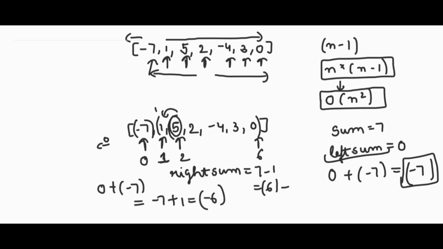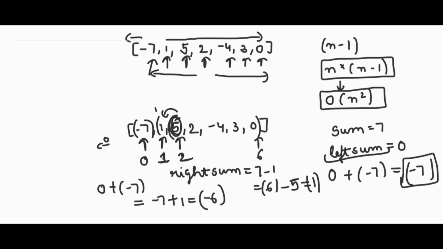To calculate the right sum for index 2, we just subtract the current element from the previously calculated right sum. So this becomes 6 minus 5, which is equal to 1. And this way we will continue.